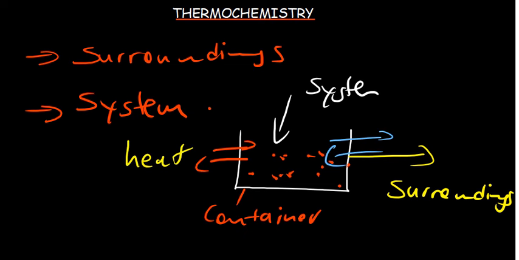Work can be done by the system, or it can be done on the system. The most important thing is for us to be able to identify when it is negative and when it is positive. Heat can be positive or negative, and work can also be positive or negative.